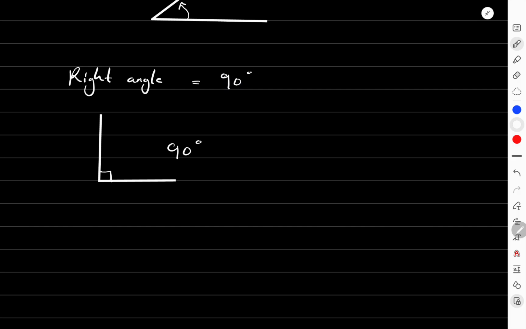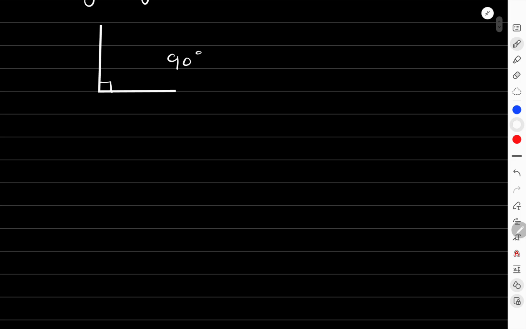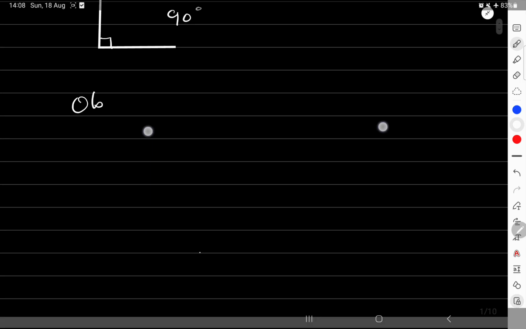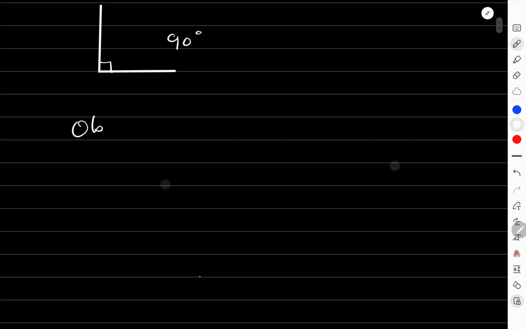Now we have the third angle, which is greater than 90 degrees, but less than 180 degrees. That angle is known as an obtuse angle. So an obtuse angle is an angle that is greater than 90 degrees, but less than 180 degrees.